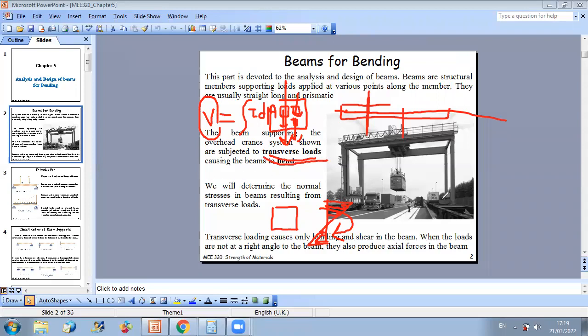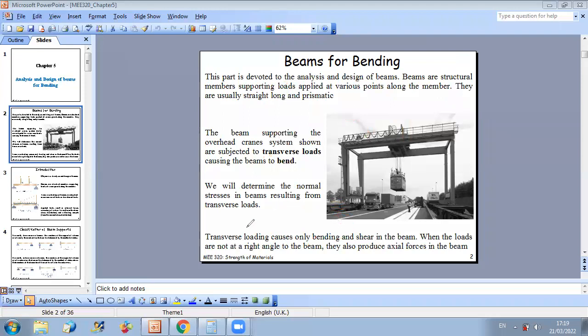And then based on this, we can design our beam to not exceed the critical value of maximum normal stress and maximum shear stress that can be applied to the beam. So as we discussed, transverse loading will cause bending and shear in the beam. And we should make sure, to be on the safe side, that both limits are not exceeded for normal stress and for shear stress.